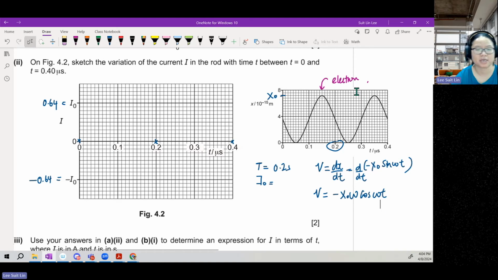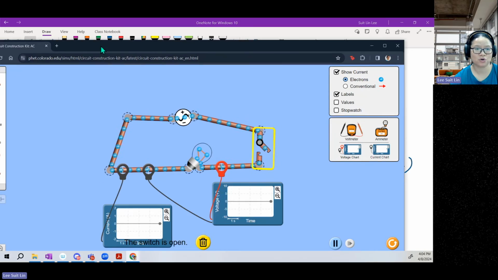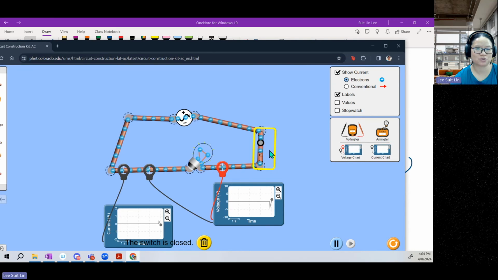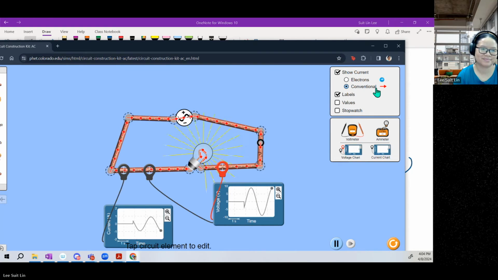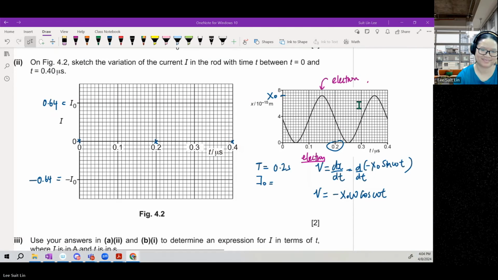Now you might be thinking, I should now draw a negative cos graph. Nope, because this is the speed of the electron. Where is the conventional current flow? Is it together with the electron or reverse with the electron? Reverse, right? Electron and current are reverse. Okay, GG.